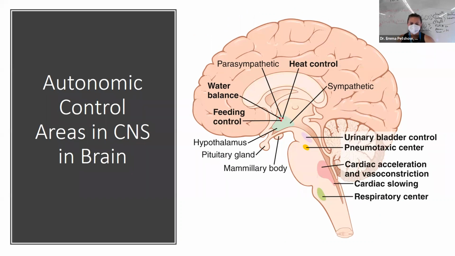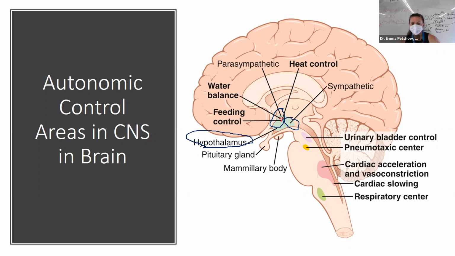So parasympathetic control is going to be kind of over in this region here. Sympathetic control is right here. They're located very close to each other. Again, what is this? This is the hypothalamus. So the hypothalamus is a large, big portion of control of our autonomic nervous system. Here for our ideas, pituitary gland here.